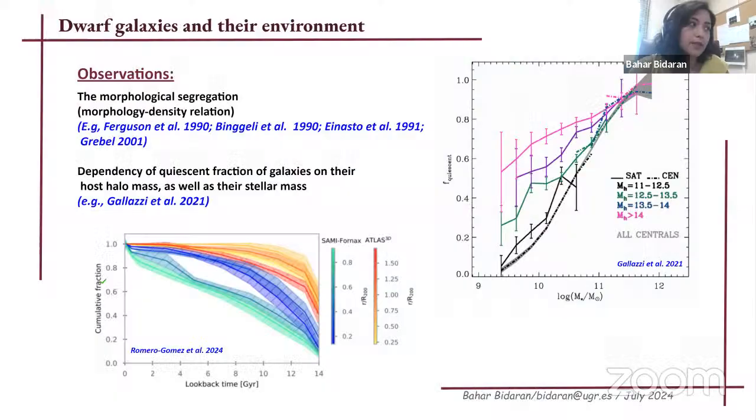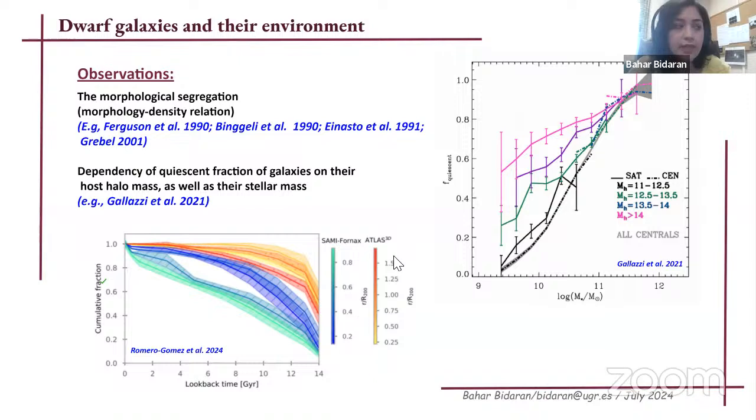Another piece of evidence is a recent work by Romero Gomez. Here they are investigating the stellar population and star formation history of dwarf galaxies in the core and outer skirts of the Fornax cluster. Forget about the yellow and red profiles here because these are massive galaxies. Let's focus on the blue and the green profiles.